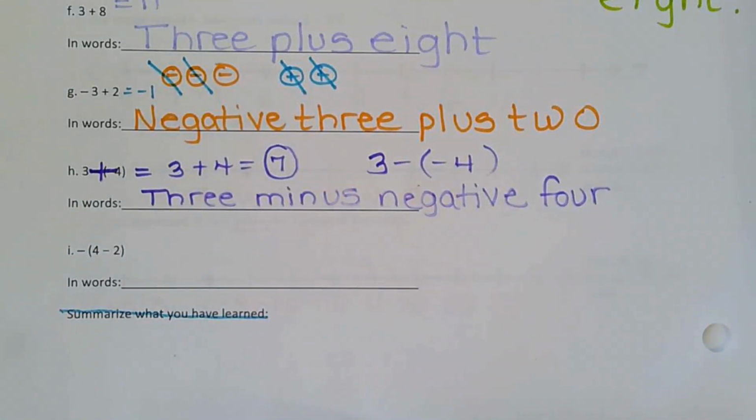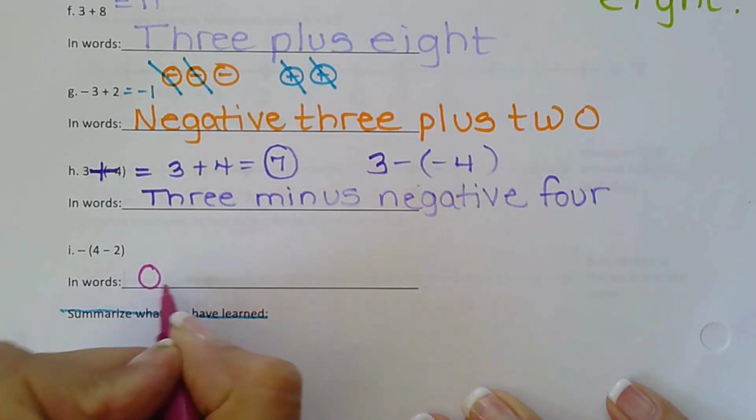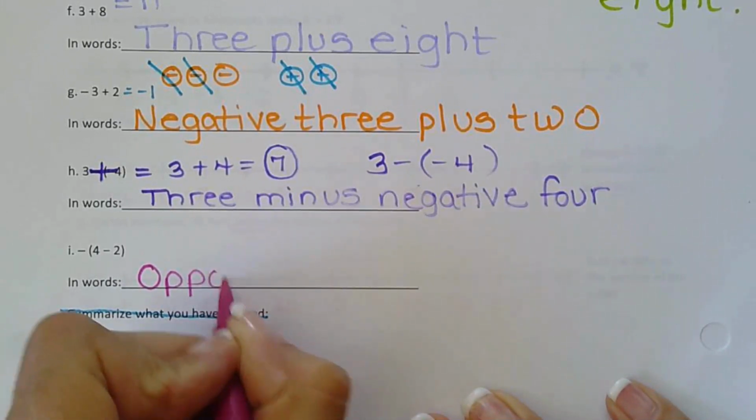So that's how we would say that. The opposite of, and you could put a comma, 4 minus 2. You just have to let the reader know that it's not just the opposite of 4. So you need a comma, or you need to say the word quantity, or you need to say the word difference.